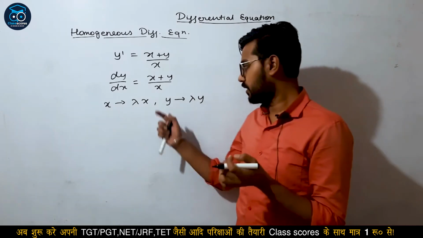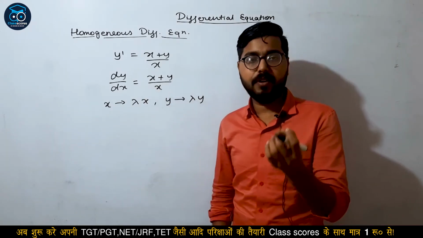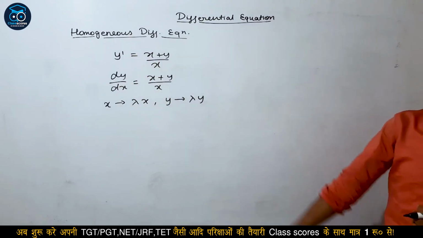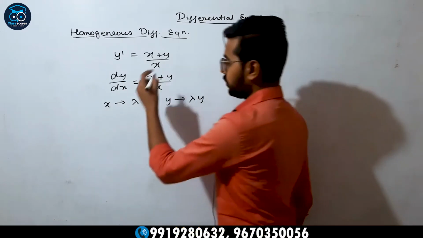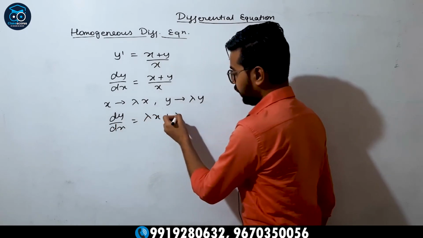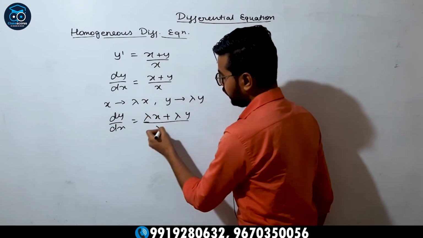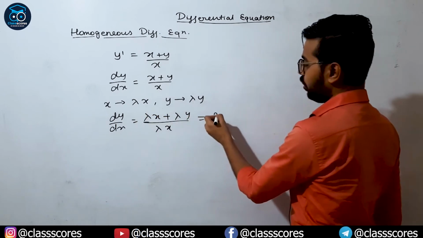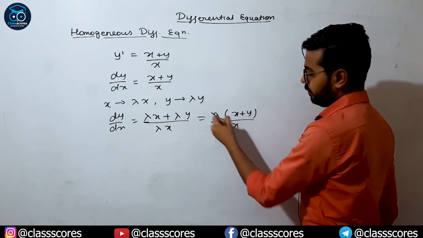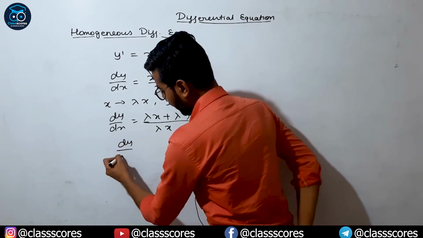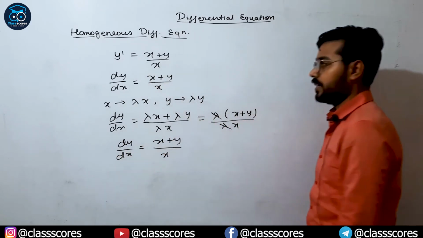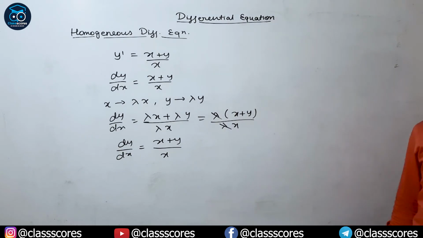If any value contains lambda, then it will not be homogeneous, it will be a heterogeneous equation. So now substitute the values, we get lambda x plus lambda y divided by lambda x. Here we take lambda common, so we get x plus y upon x. Lambda will cancel out, so we get dy upon dx equals x plus y upon x. It means our given equation is homogeneous.